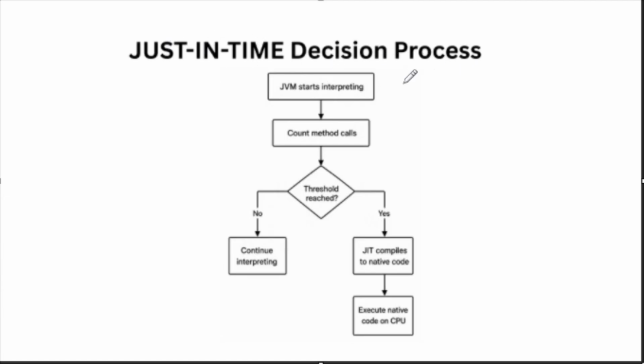Here's how the JIT decides to act. The JVM starts interpreting your code. As it runs, it counts every method call. Then it asks one question. Has this method been called more than the threshold? No. Keep interpreting. Nothing changes. Yes? JIT compiles that method into native code.